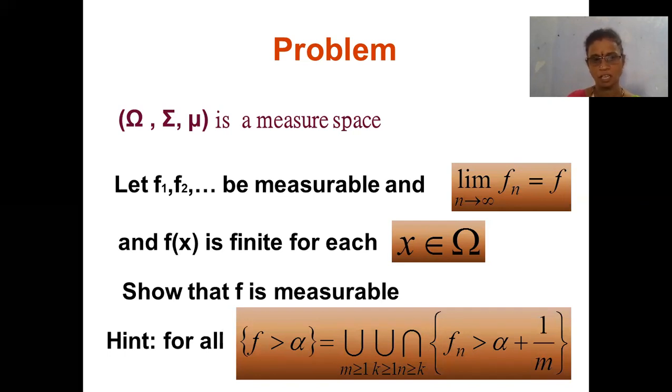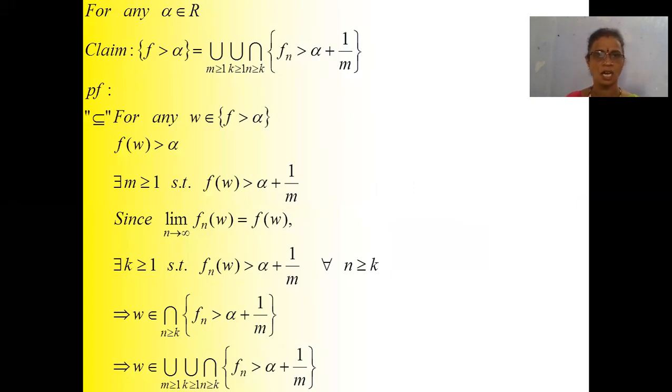Hint: here we have to take the set of all f greater than alpha equal to union over m greater than or equal to 1, union over k greater than or equal to 1, intersection over n greater than or equal to k of the set of all f_n greater than alpha plus 1 by m. For any alpha belongs to R, we have to claim that the set f greater than alpha equal to union over m greater than or equal to 1, union over k greater than or equal to 1, intersection over n greater than or equal to k, the set f_n greater than alpha plus 1 by m.